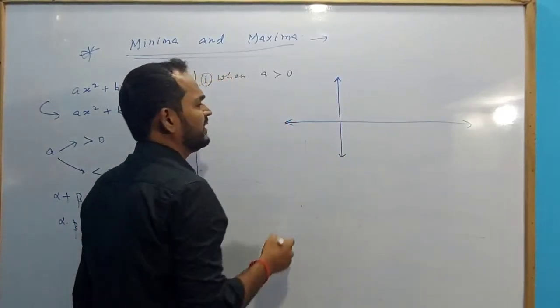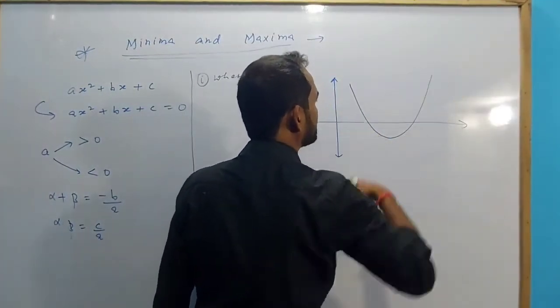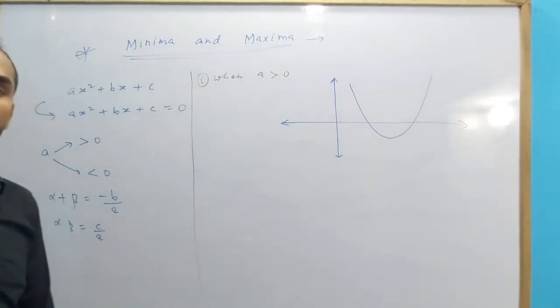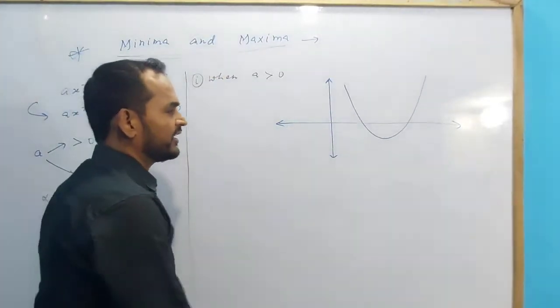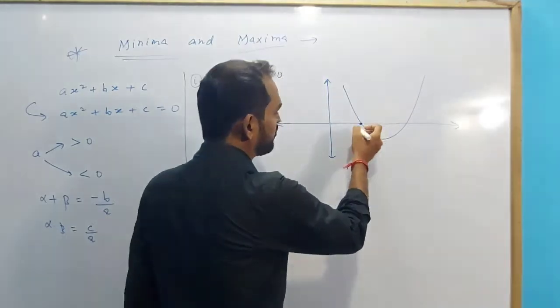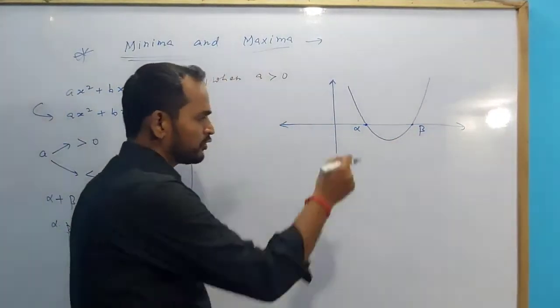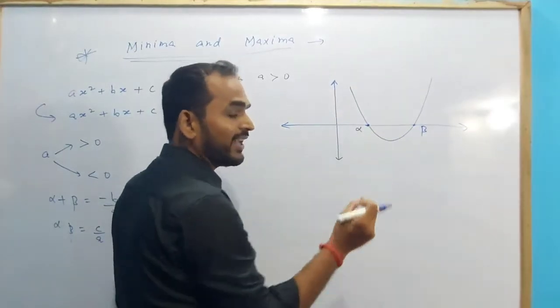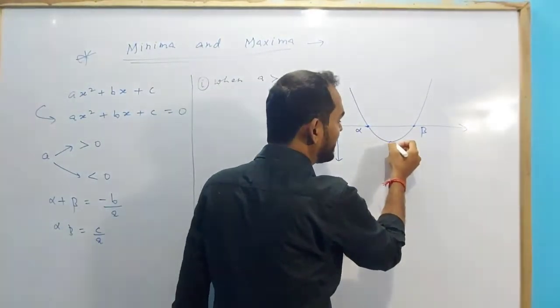The graph will be something like this, upward parabolic. It means here will be some root alpha and here the other root beta. There you are going to find its minima, because the minimum value you can find here.